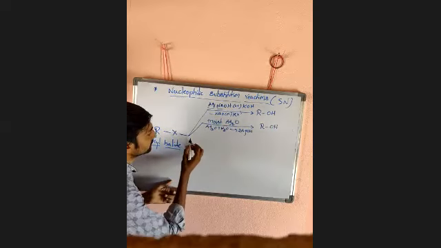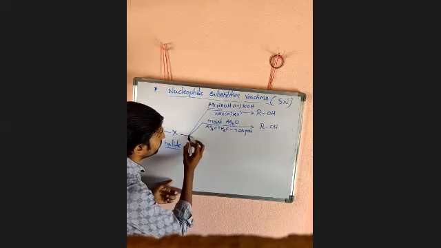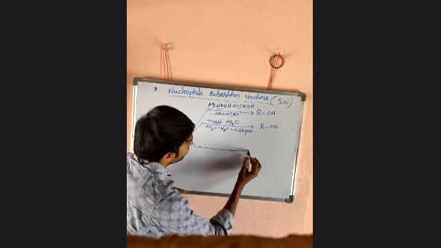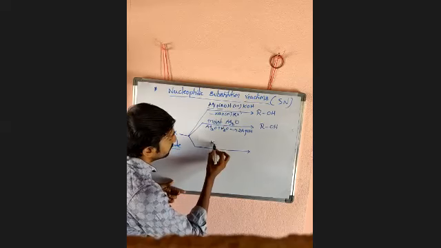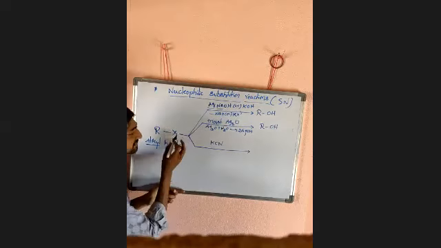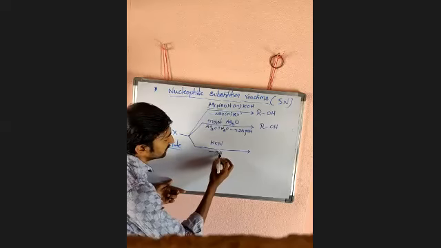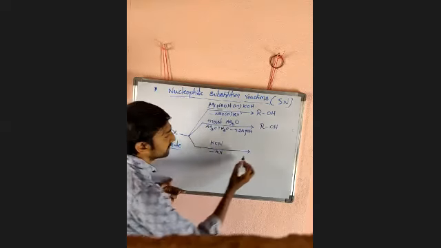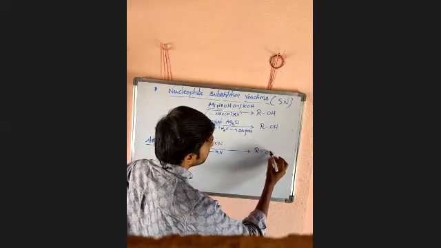Next one, very important. KCN we have to take. K takes the X and is eliminated in the form of KX, and CN is substituted there. Then what do we get? R-CN.